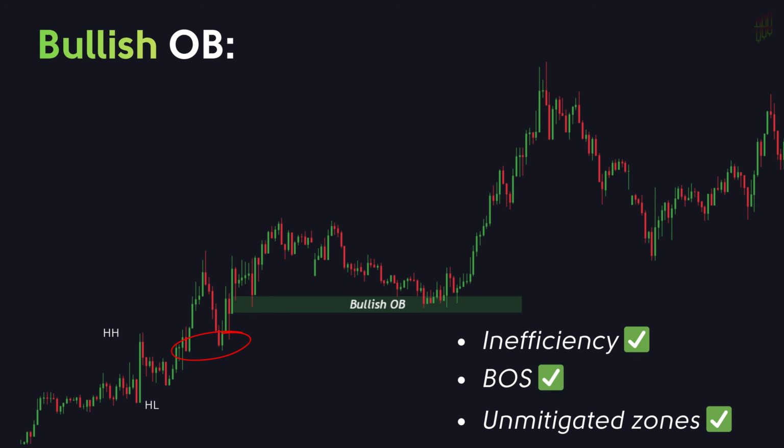This reaction proves how powerful a properly validated order block can be. Every rule, inefficiency, break of structure, and an unmitigated first tap is perfectly respected in this example, making it an ideal long setup and a textbook demonstration of how smart money concepts operate in a trending market.